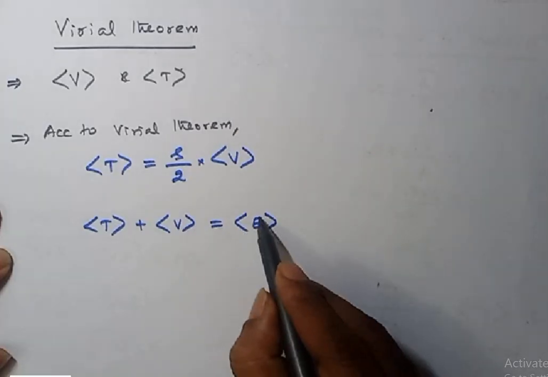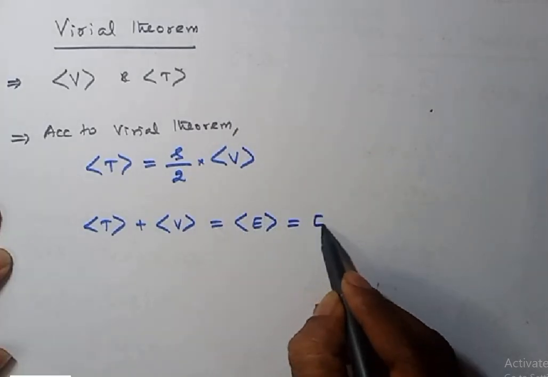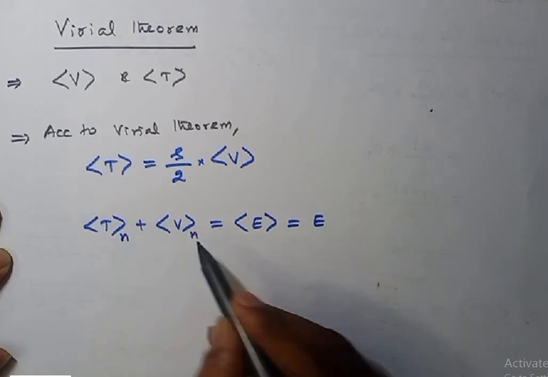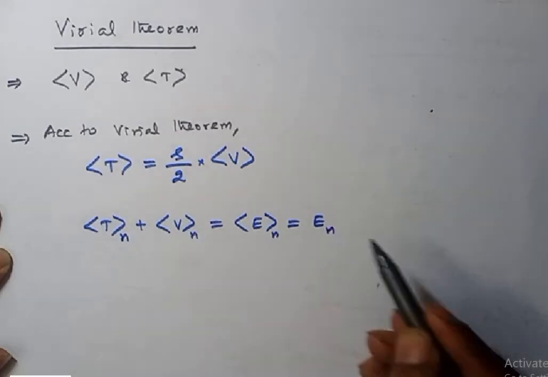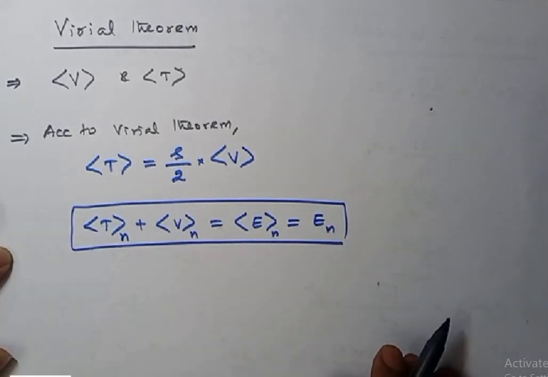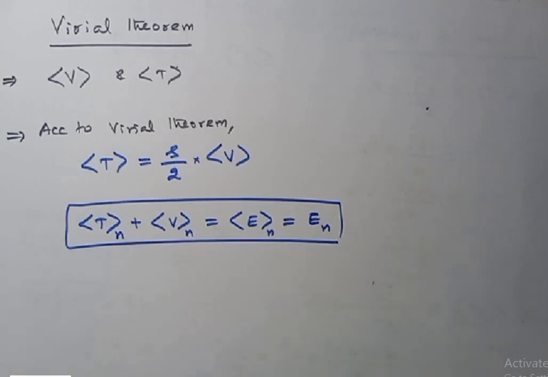Therefore, the average value of total energy is nothing but the energy. This is applicable for any nth state. This formula is not only applicable for the hydrogen atom, it is even applicable for the simple harmonic oscillator, for any nth state.